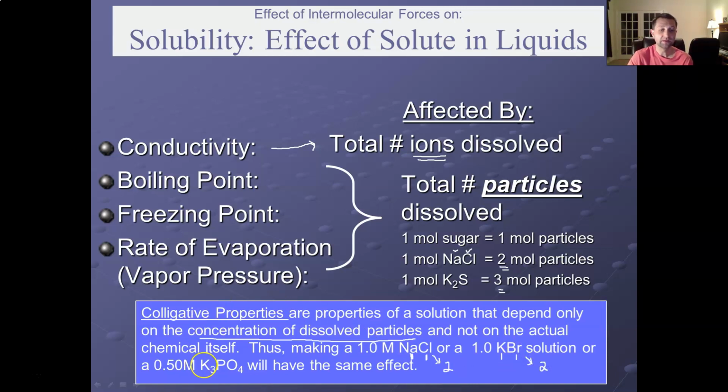Now for K3PO4, the ions that make that up, I'll do it up here. You have K3PO4. You have 2 ions that make that up. You have potassium, K+1, and PO4, which is PO4 negative 3. We have 3 potassiums and 1 phosphate.